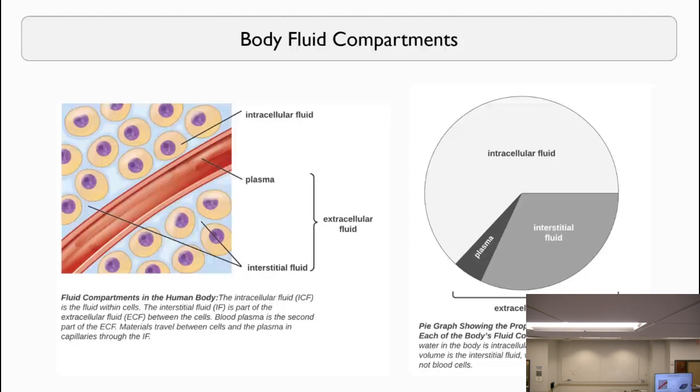We also study the movement of substances between the compartments. How the intracellular compartment is made, what is the composition, and what is the composition of the extracellular, and how they exchange material, what are the mechanisms that allow movement of materials between the blood and the interstitial fluid, and between the interstitial fluid and the fluid inside the cells.